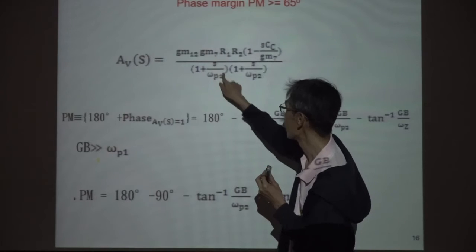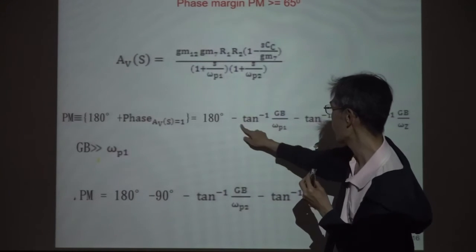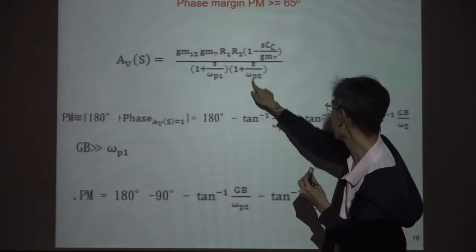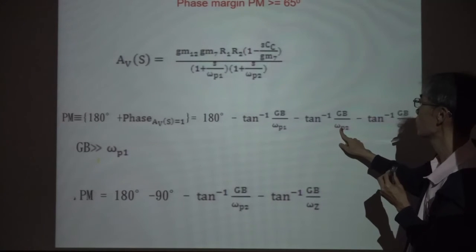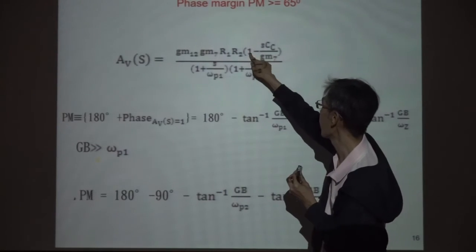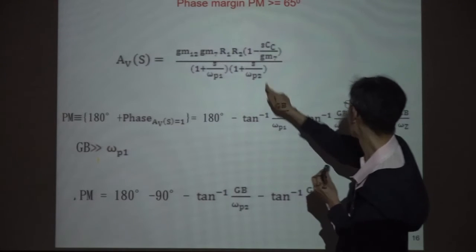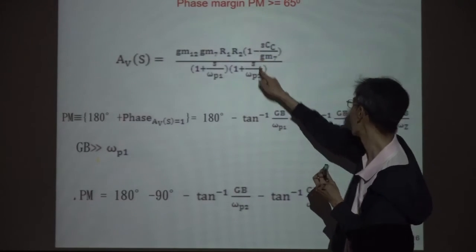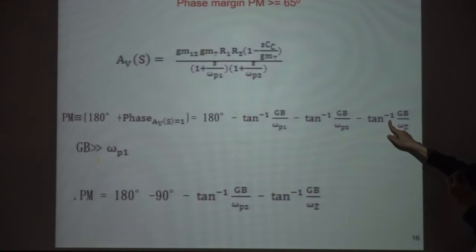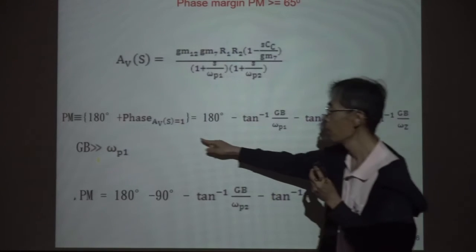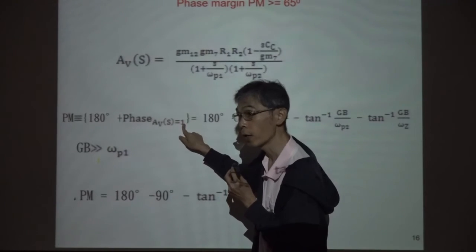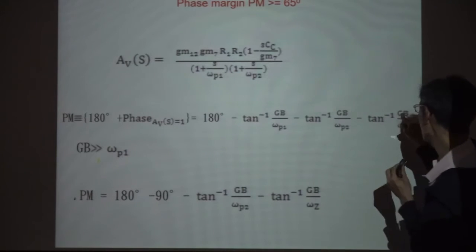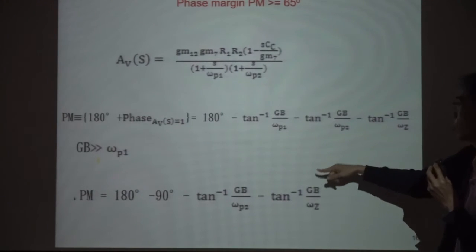And for this pole, we have minus arctangent. For this pole, we have minus arctangent. And for this one, 1 minus omega, so we have the minus sign and arctangent. This is the gain, this is the frequency when gain equals 1. So GB is the frequency when gain equals 1.